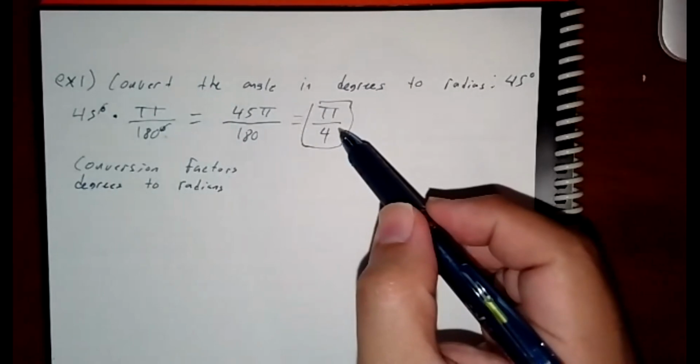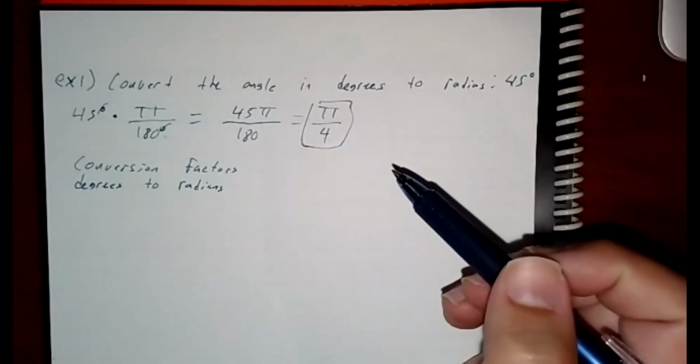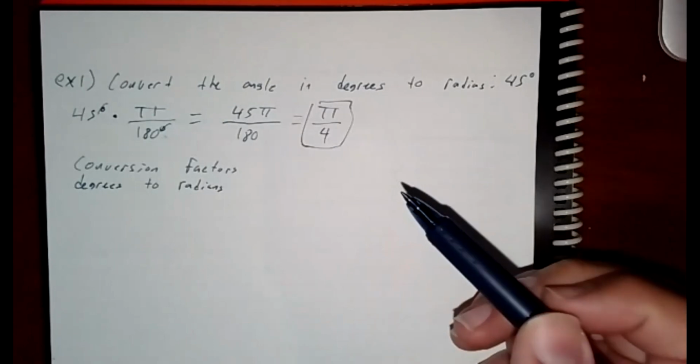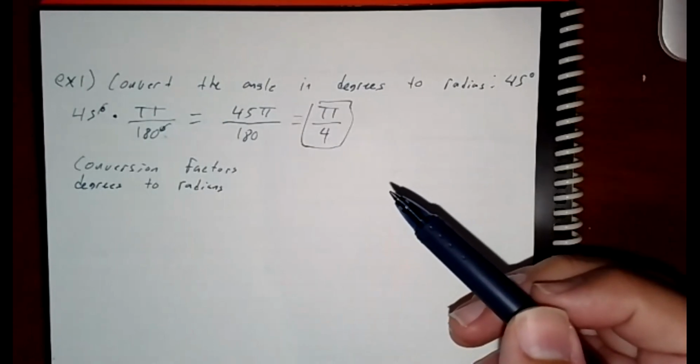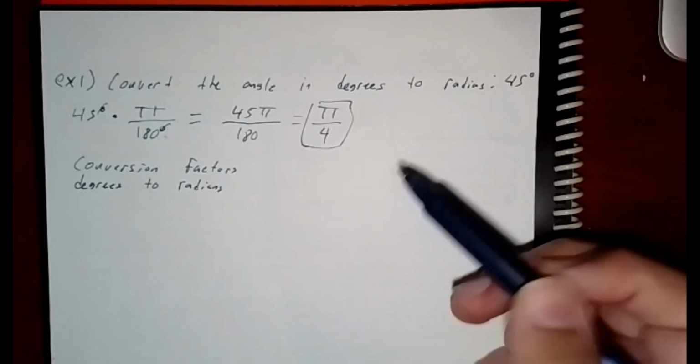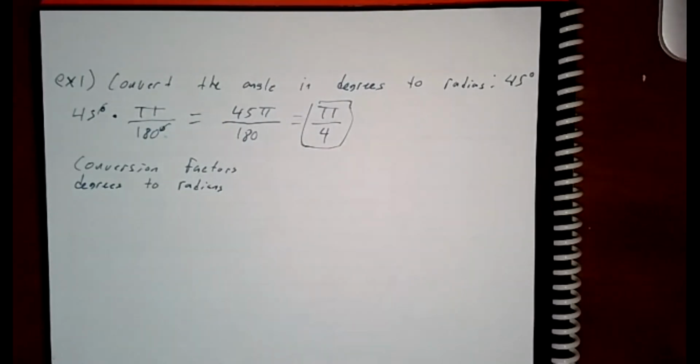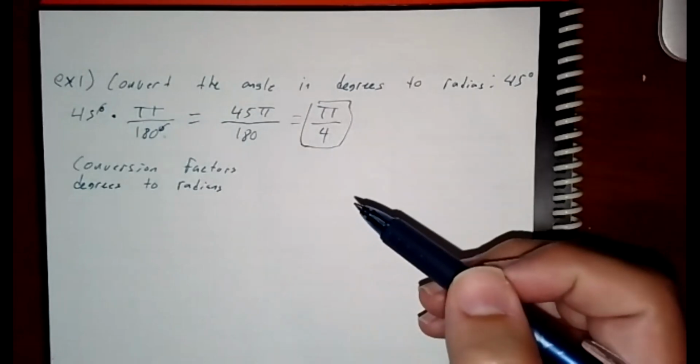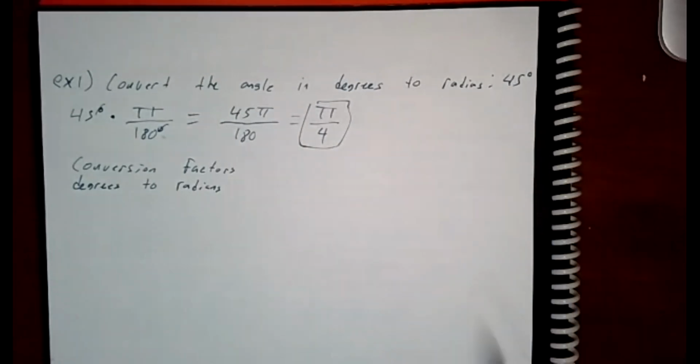For this one? No, radians is basically unitless. So you don't need to put a lowercase r indicating radius or anything. No, you don't have to. If you were to divide pi by 4, you could write a decimal with rads, R-A-D-S, but it's understood that it's unitless, so that's just fine.